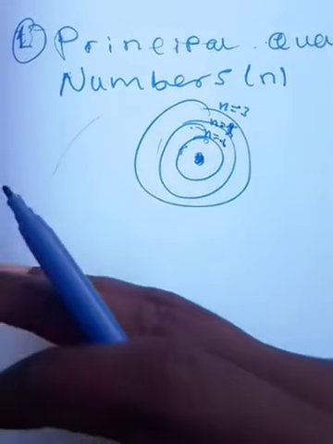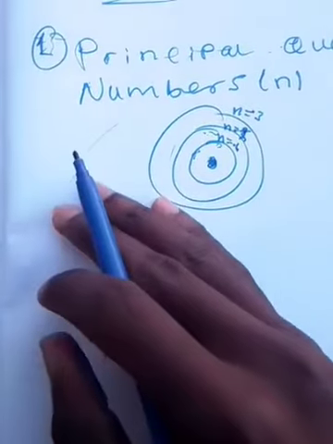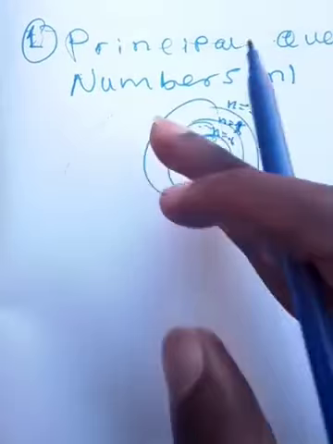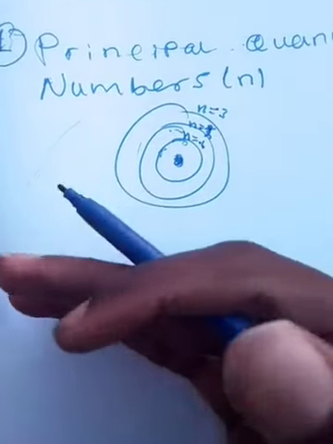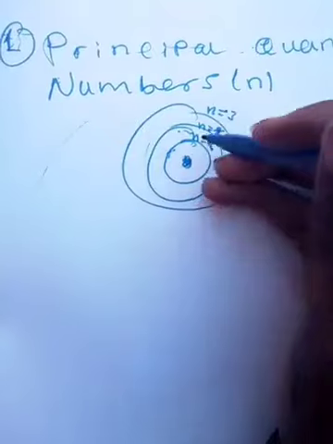So they represent the energy levels. Apart from that, they also describe the average distance from the nucleus.